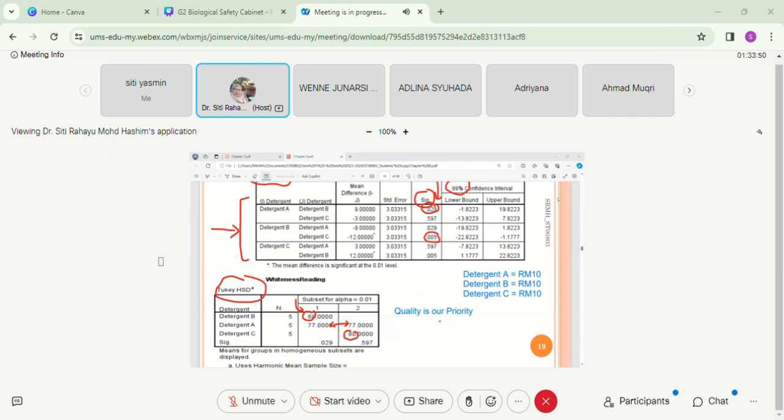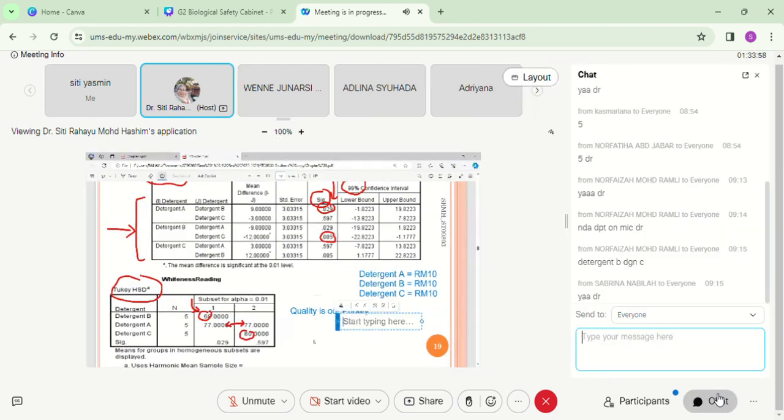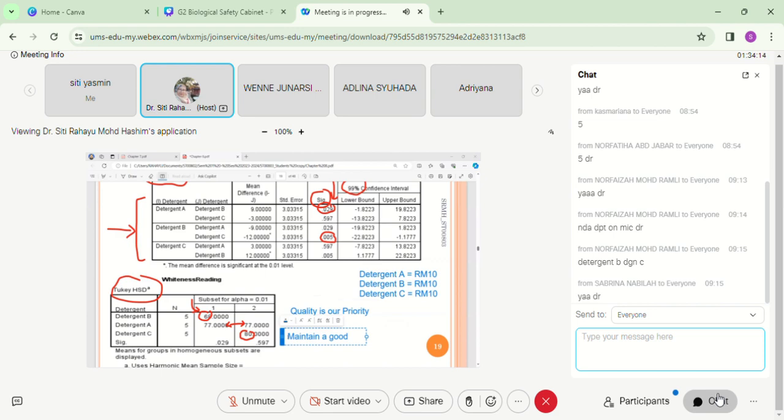Now, everyone, tell me which detergent you will buy in order to maintain a good quality service, but at the same time you need to get a good profit. Maintain good quality and good profit.